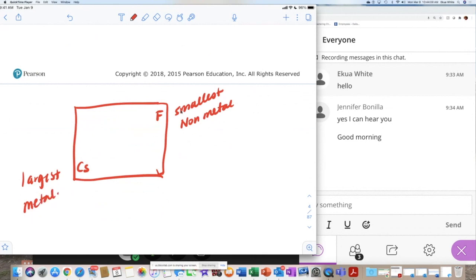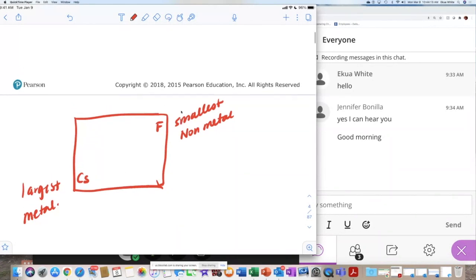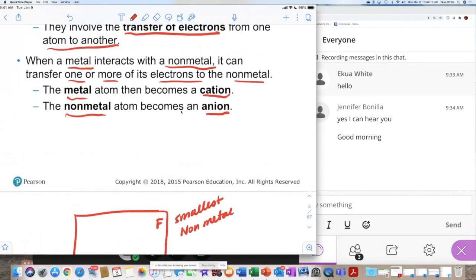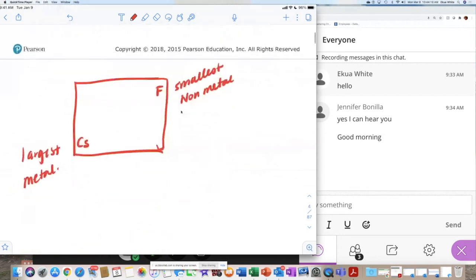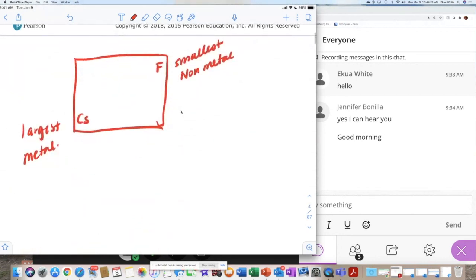Okay? What we're seeing here is the way they bond has to do with their size. Even though we're talking about ionic bonds, it boils down to their size, because all this behavior boils down to quantum. Quantum has to do with the size and the arrangement of the electrons and everything.